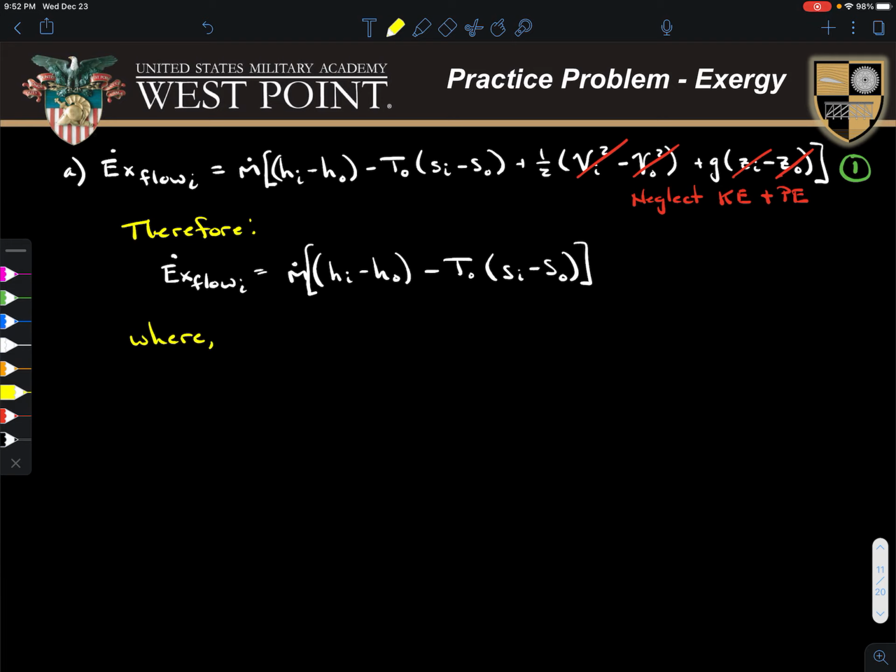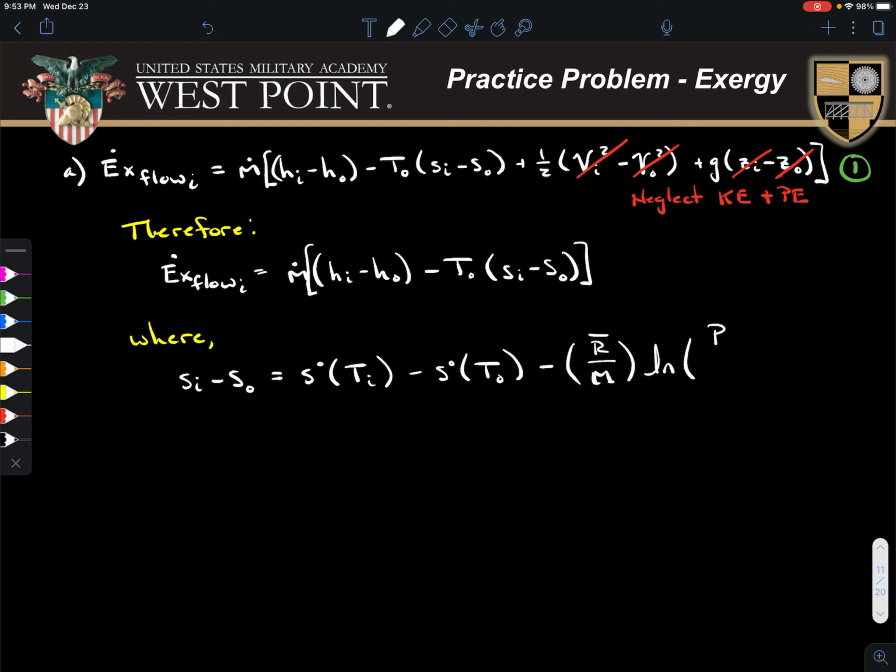But then we must define what that difference in entropies is. And as I said, we need to use those terms for entropy, as was called out on our RDCs. So we have our universal gas constant for an ideal gas divided by the molecular weight, times the natural log of the ratio of our pressures.